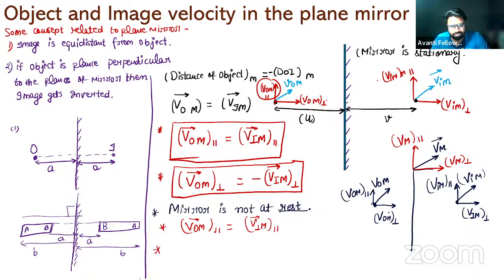But in the second case, now we have the mirror velocity also. Got it? We have the mirror velocity also in the perpendicular direction. So we would like to open this expression, so it will become velocity of object with respect to mirror, which is velocity of object minus velocity of mirror with respect to ground, equals minus velocity of image minus velocity of mirror.